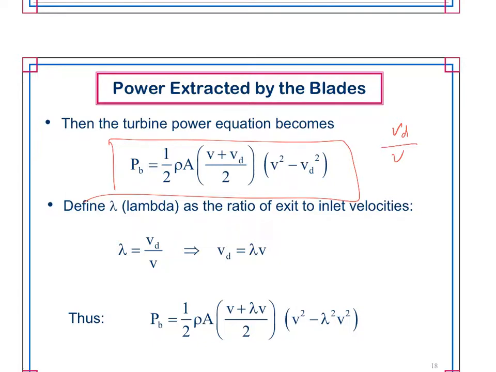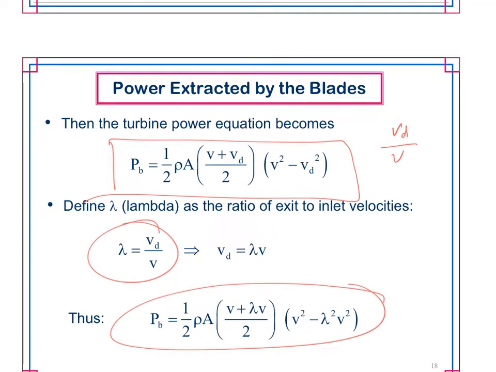So we're going to define lambda to be that ratio. Then we're going to substitute lambda into our equation, so that now all we have is lambda and our upstream velocity. So we've essentially gotten rid of the downstream velocity and written it as a ratio between the two. That's all we've done, is made a couple of substitutions.